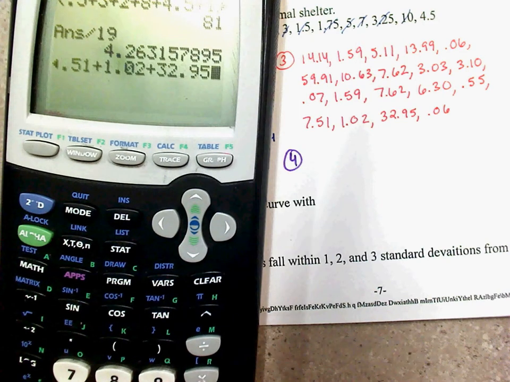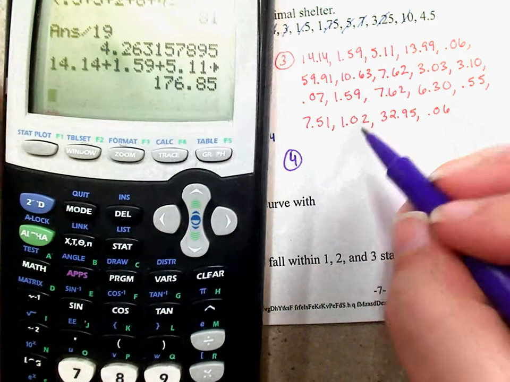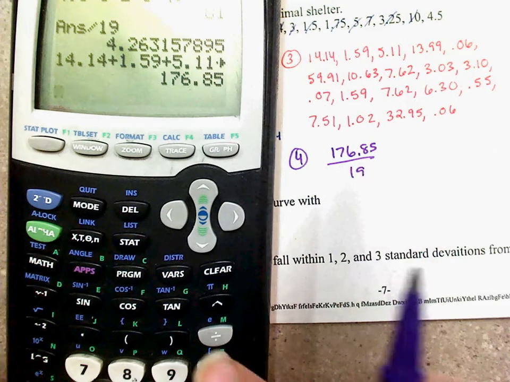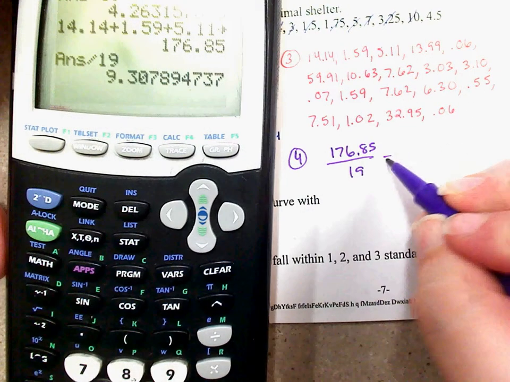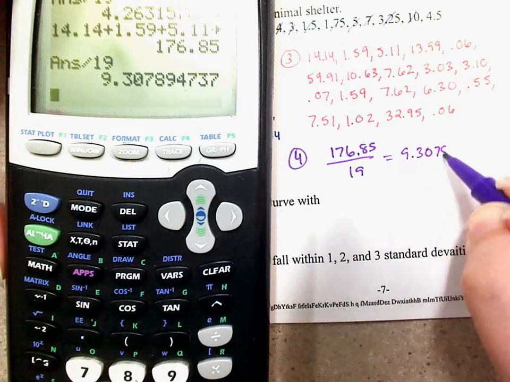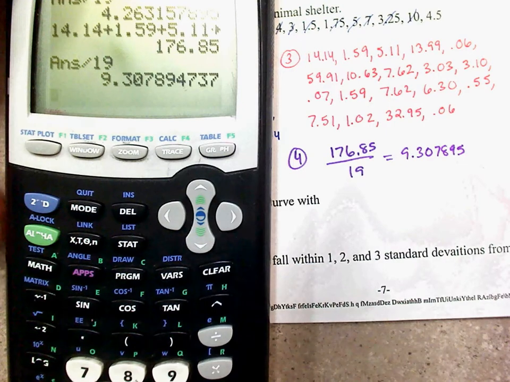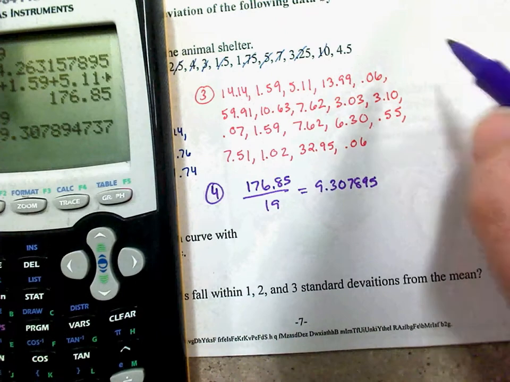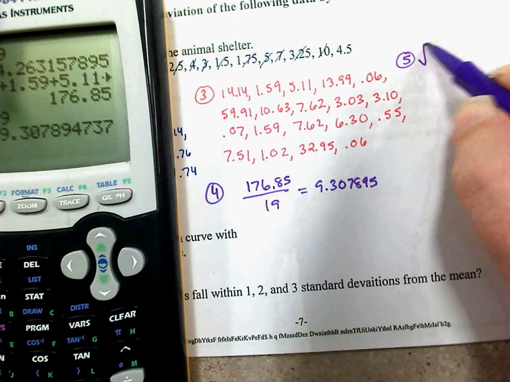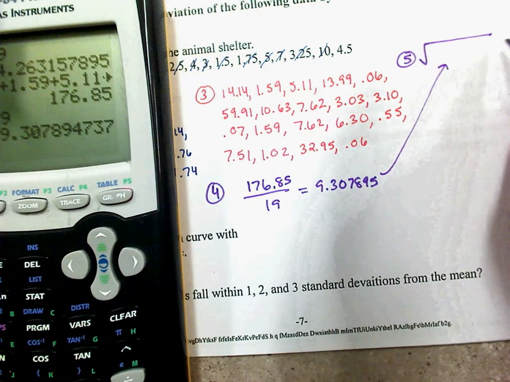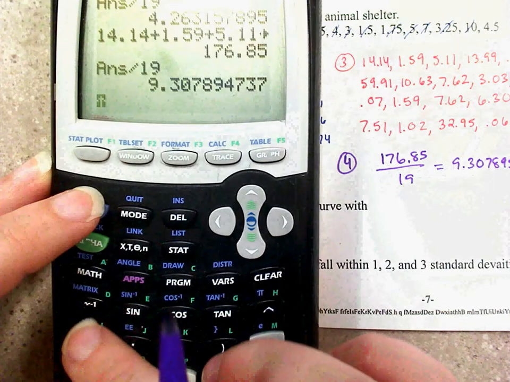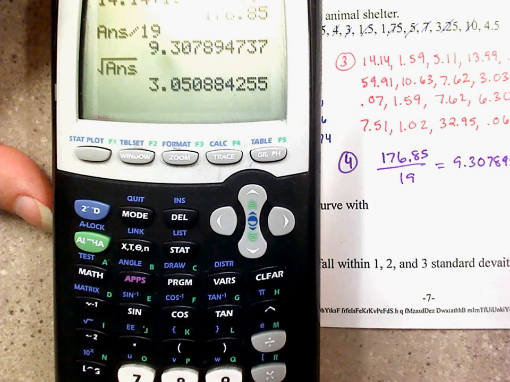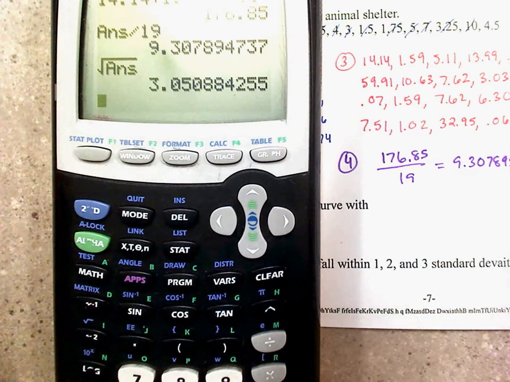So I got 176, divided by 19. So that is 9.307895. And then last step, square root. So I got my square root is 3.05.